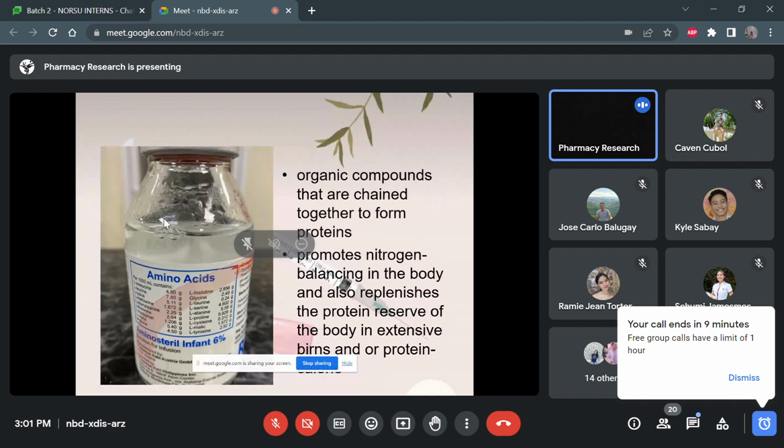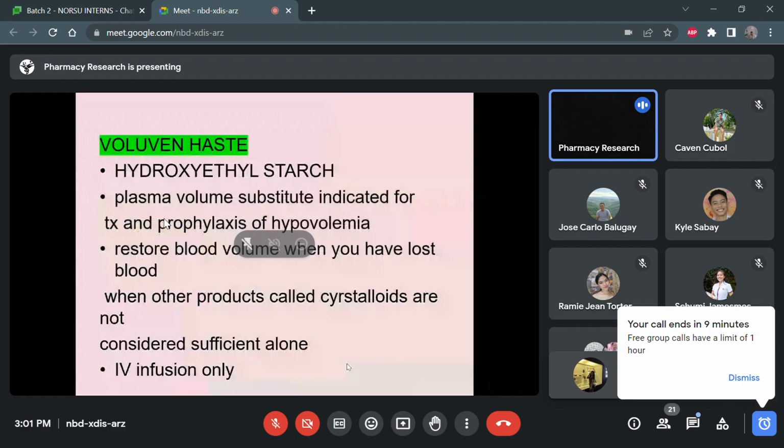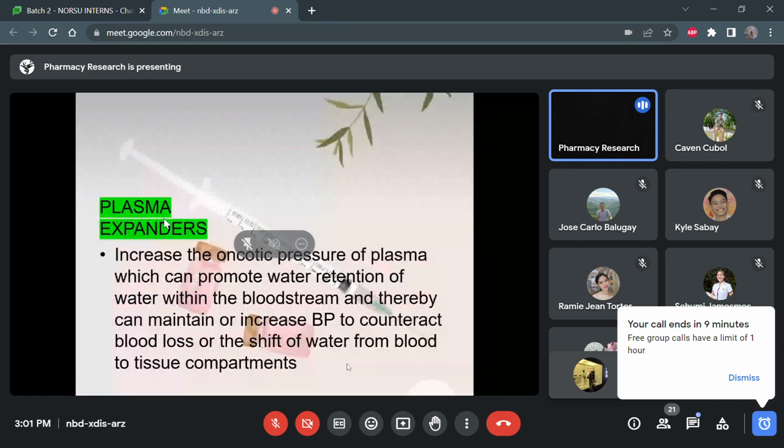So we also have the plasma expanders. Plasma expanders are colloids, our topic earlier. An example is Voluven Haes. The mechanism of action of a plasma expander is to increase the oncotic pressure of plasma, which promotes water retention within the bloodstream and thereby maintains or increases blood pressure to counteract blood loss or the shift of water from blood to the tissue compartment.